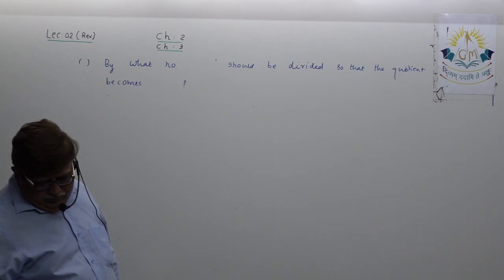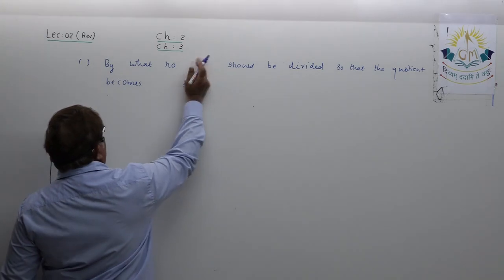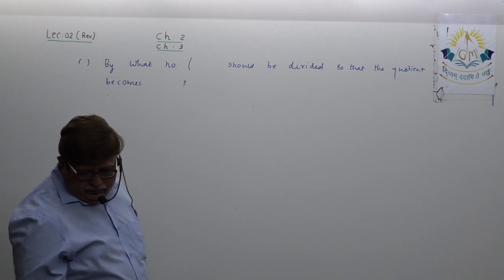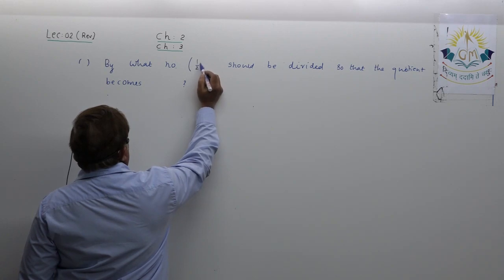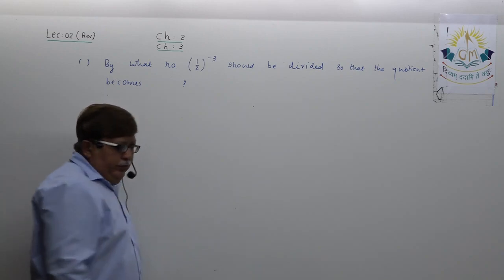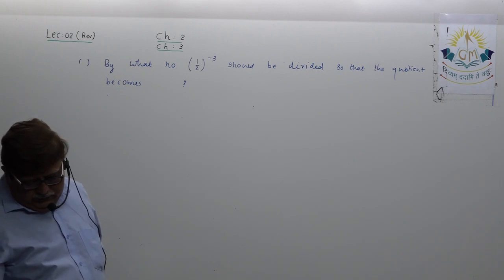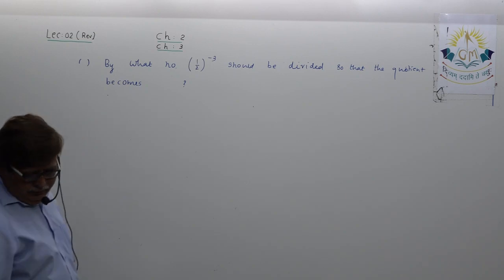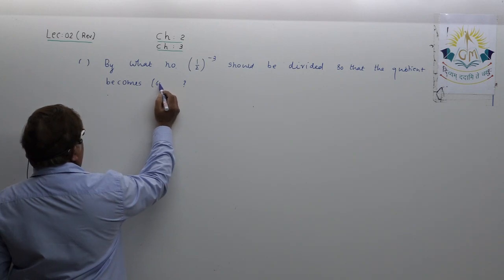By what number should 1 upon 2 raised to the power minus 3 be divided so that the quotient becomes 60 raised to minus 1.